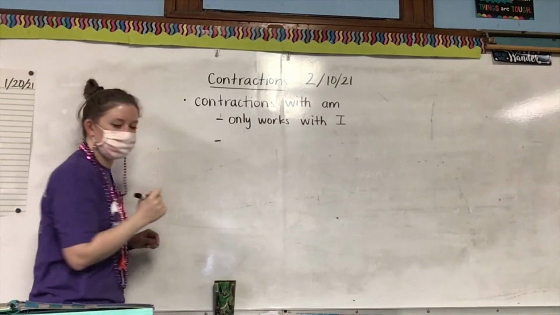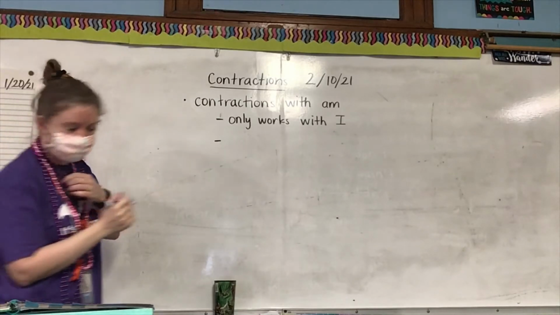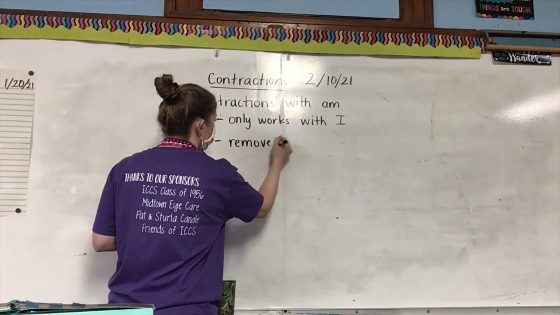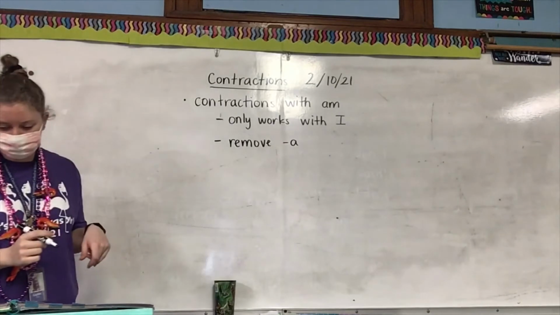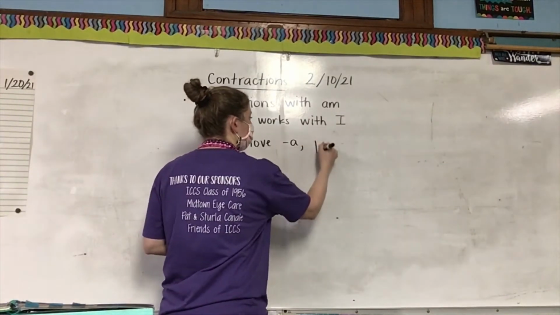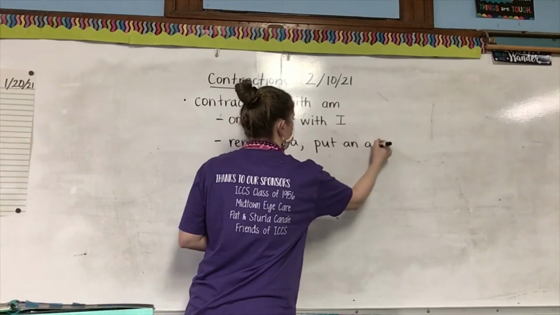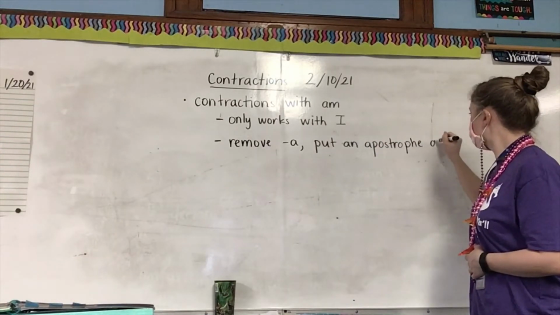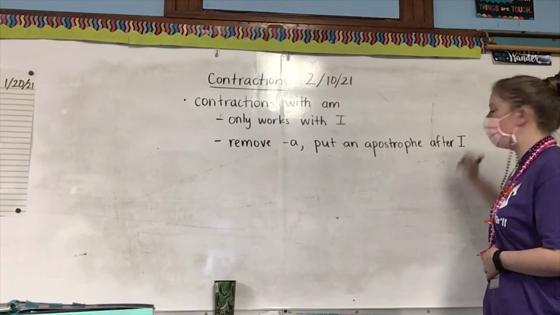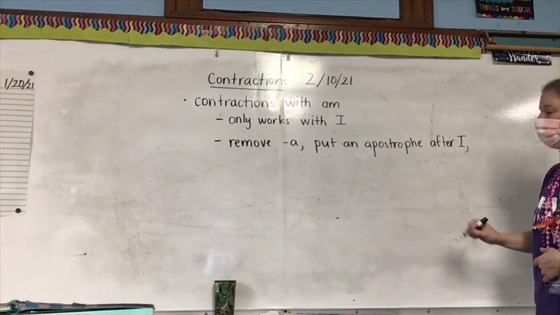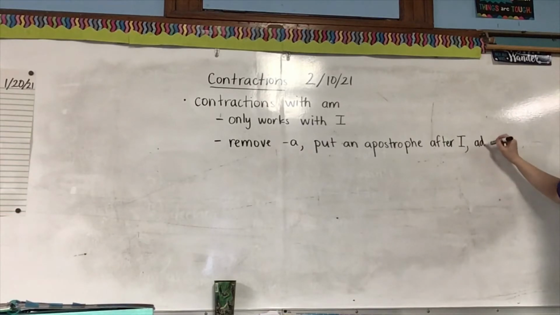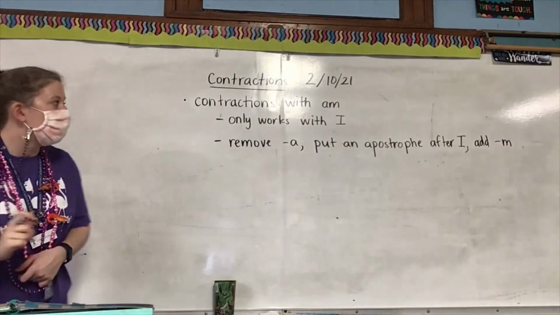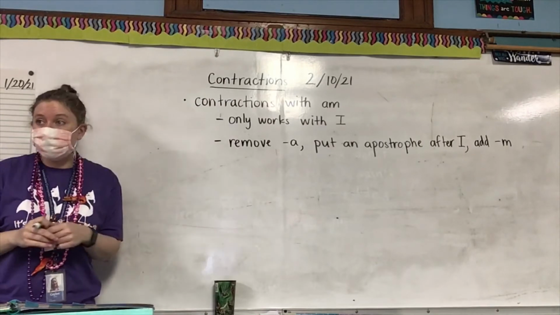So there's only one example, period, of making a contraction with am. This is how you do it. Remove the letter A. Put an apostrophe after I. Add the letter M. So to create a contraction with am, there's only one word you can combine with am.